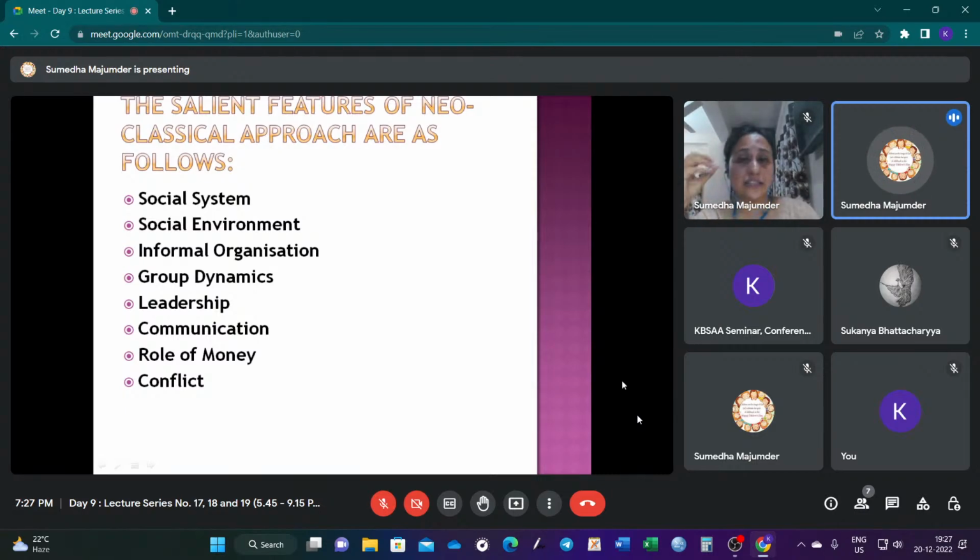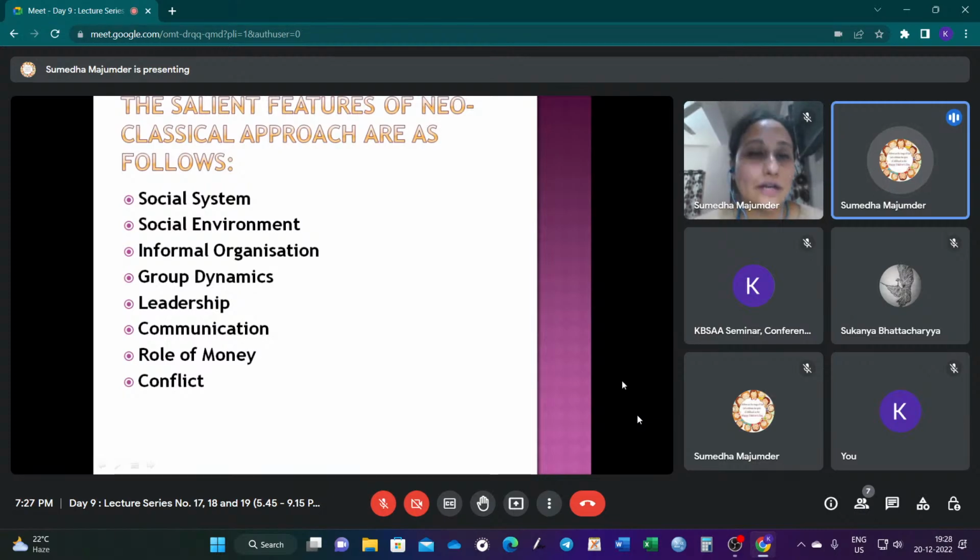So that is why these thoughts of management focus on the social system. That means it is believed that society at large has a positive or maybe a negative impact on the performance of the workforce. So that is why social system and social environment are both main key aspects of this human relations approach.